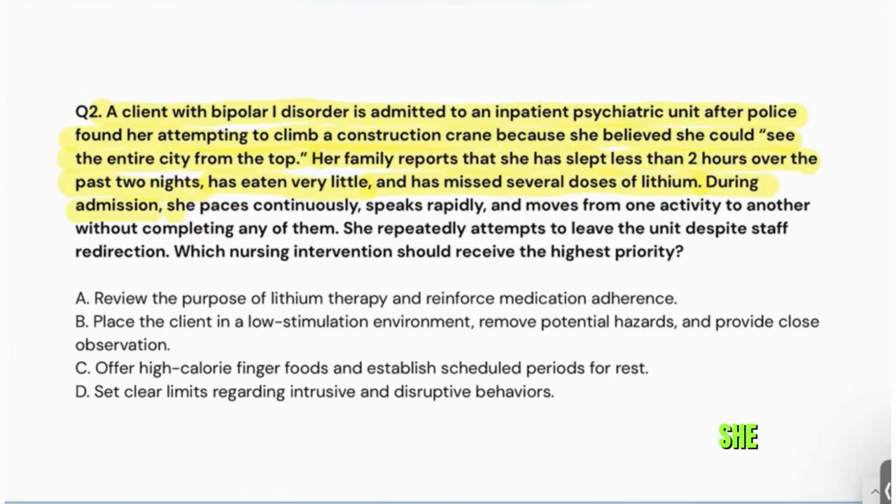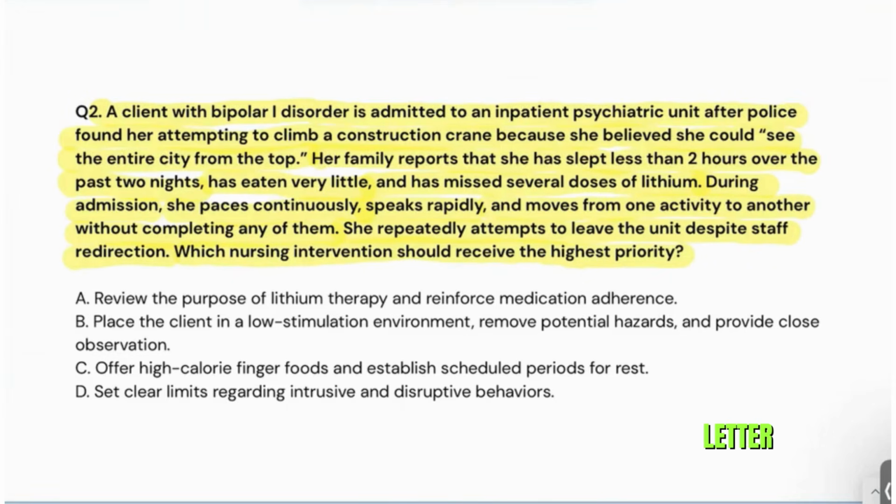During admission, she paces continuously, speaks rapidly, and moves from one activity to another without completing any of them. She repeatedly attempts to leave the unit despite staff redirection. Which nursing intervention should receive the highest priority?